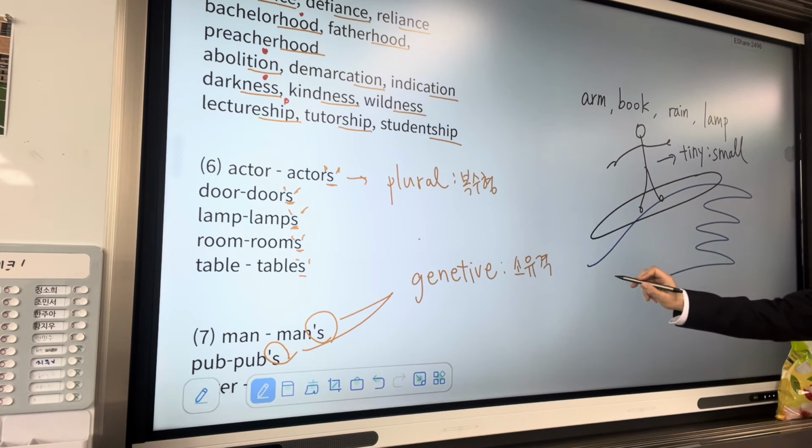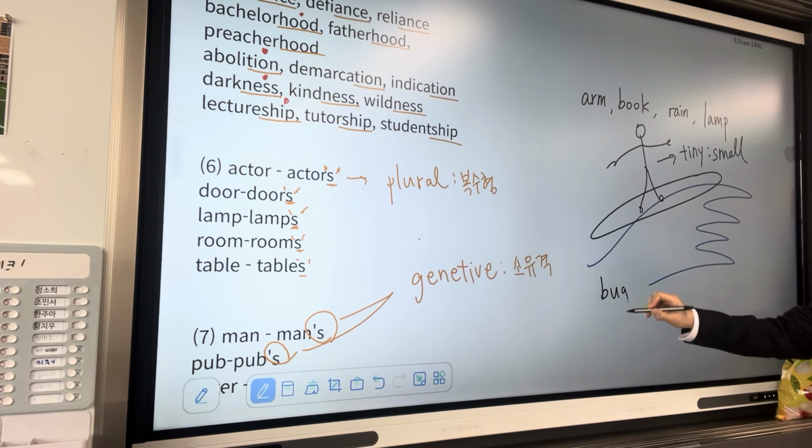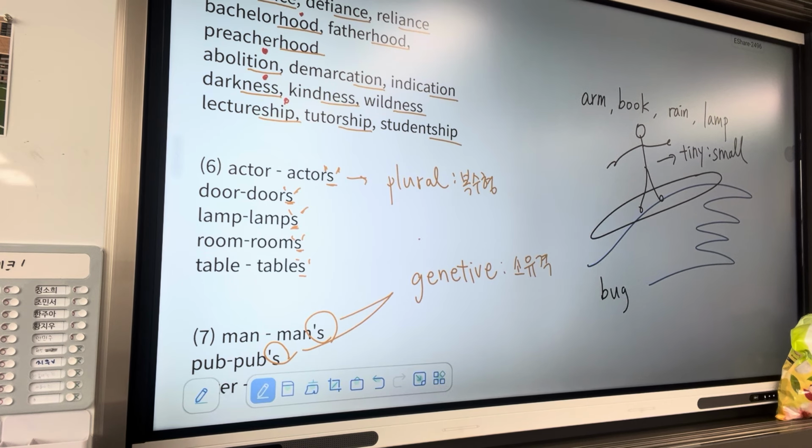And you guys know bug, right? Bug, like mosquitoes or ants, cockroaches, and dragonflies, all kinds of bugs. I have my favorite bug. You guys know what my favorite bug is? Can you guess my favorite bug? My favorite bug is Starbucks.